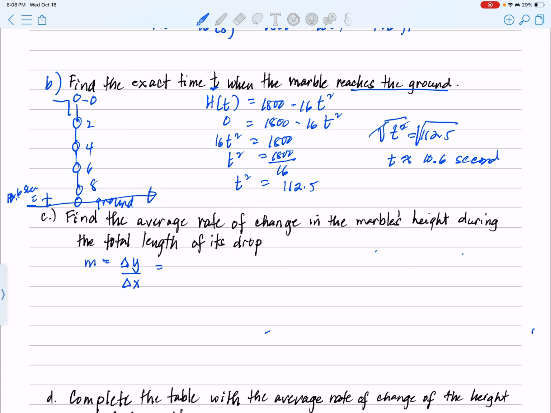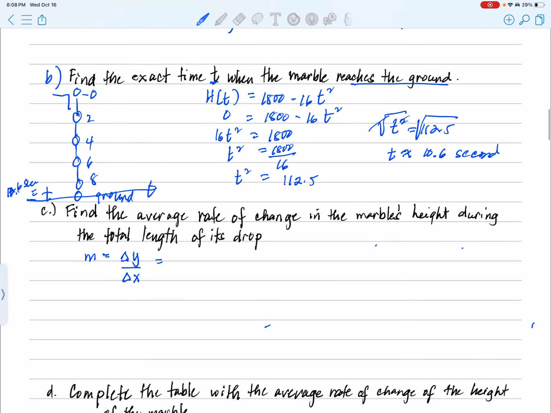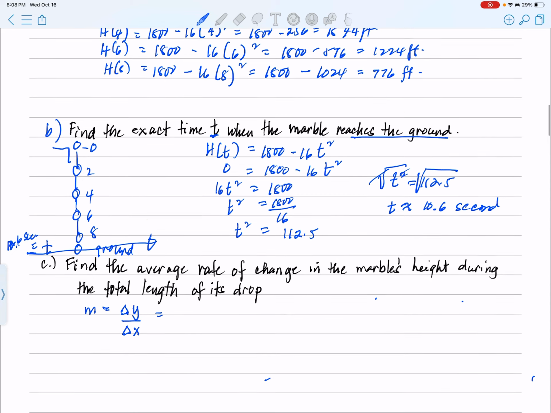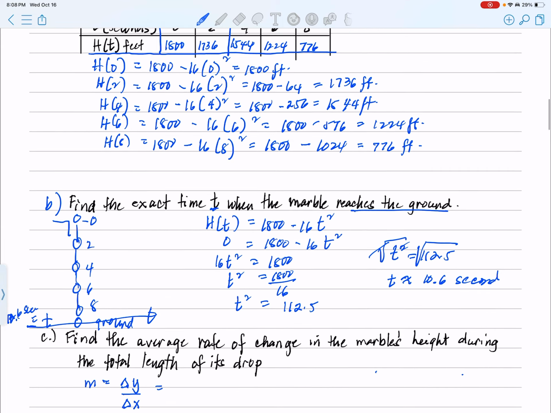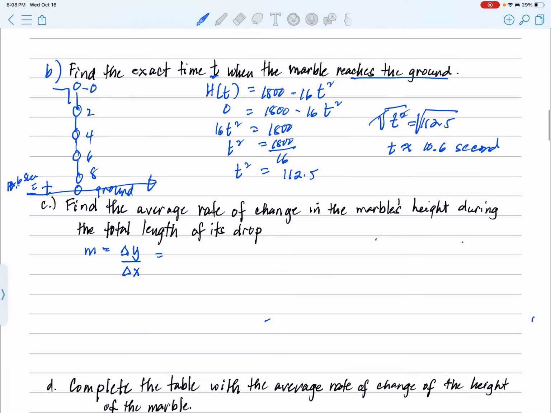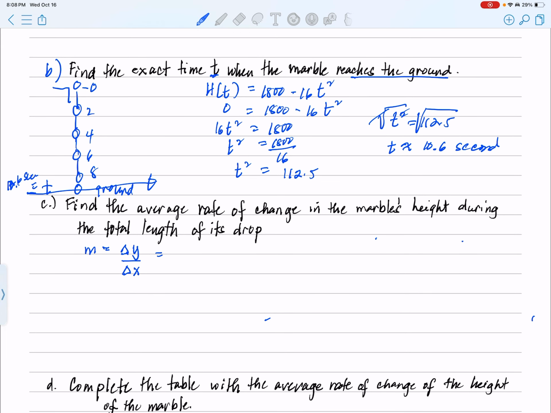Remember our y from the table, that's the height, and t is the time. Okay, so this is the change in height over the change in time.